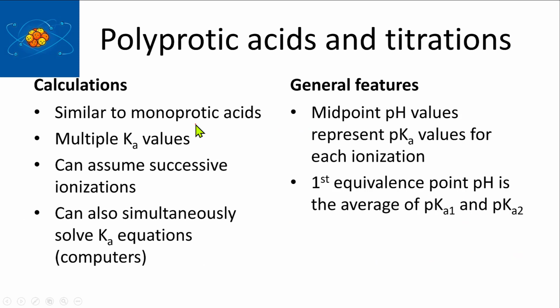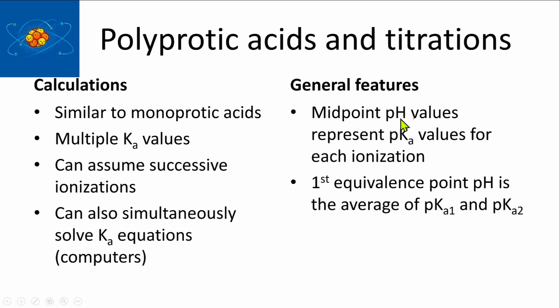So just to summarize what I was writing on there, and I'll show you a nicer picture of all this. Similar to monoprotic acids, multiple Ka values because you're doing successive ionizations is the term that we use, and each of the ionizations gets successively weaker. So the second ionization happens only after the first ionization is completely done.